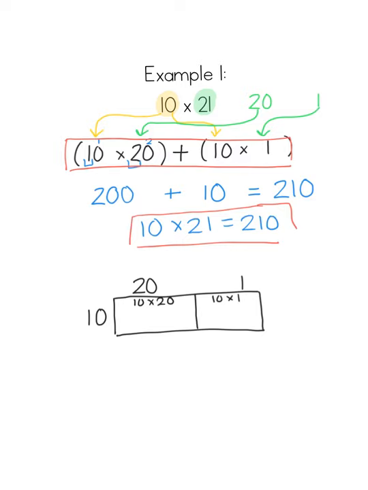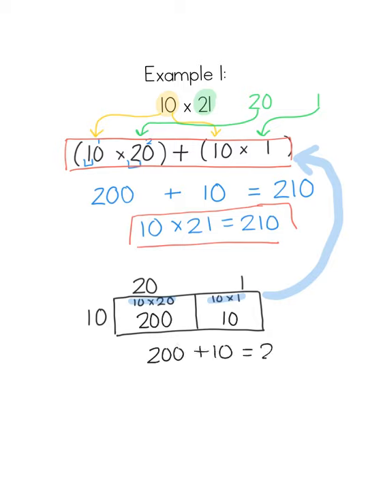You'll notice that these problems are the same as the problems that I put in my parentheses. So using the distributive property is just another way to visualize multiplication. And here, when I get my partial products in the box method, I would still add them together at the end, which is the same thing I did when I used the distributive property. So it's a very similar process, it just looks different visually.